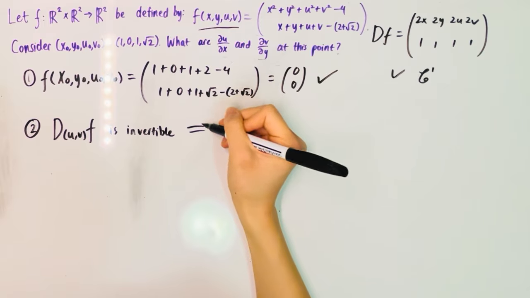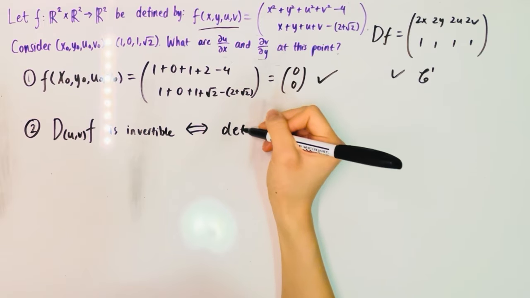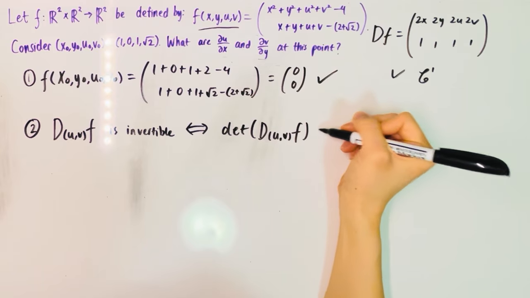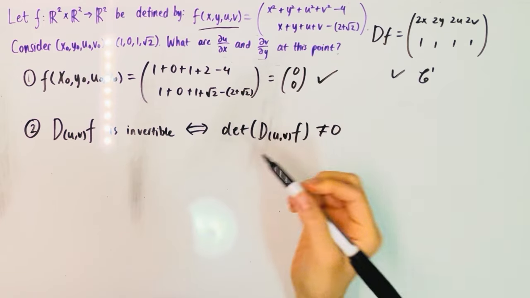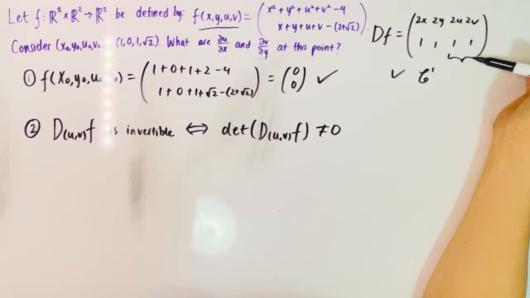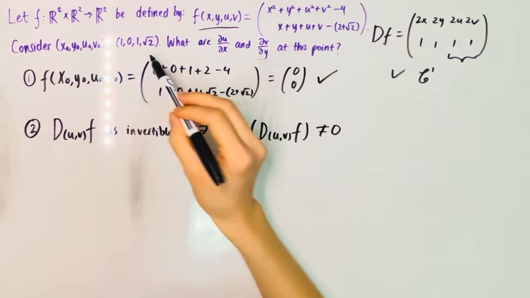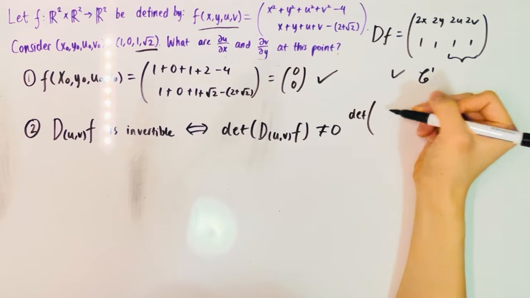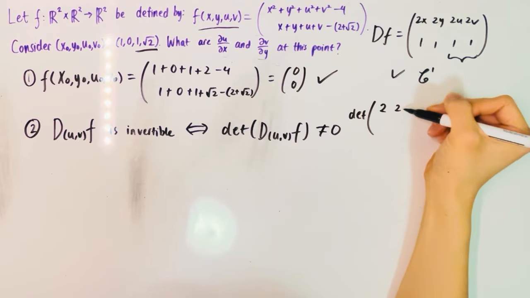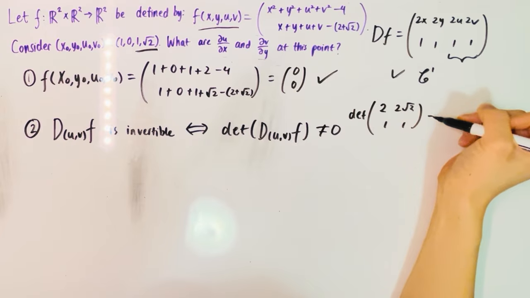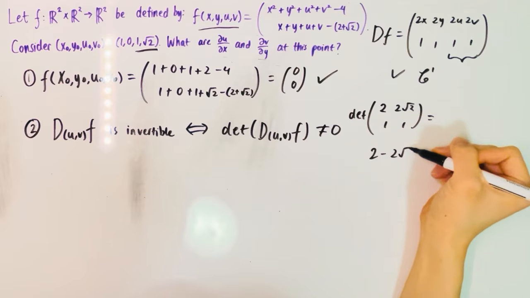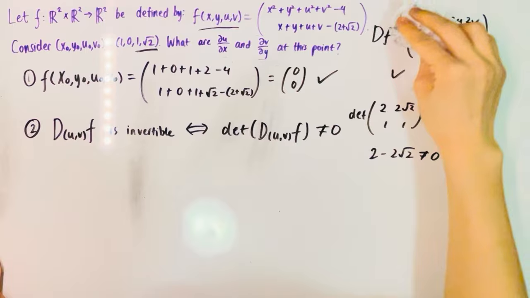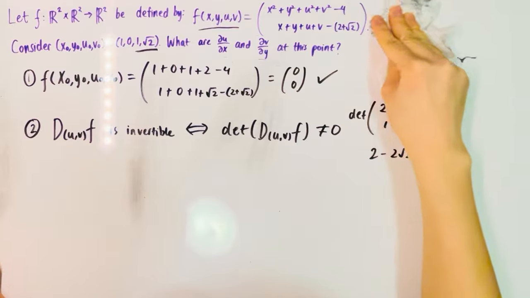In other words, we want the determinant of d_(u,v) f to be not equal to 0. And that's easy. At 1, 2, that's just going to give us the determinant of 2, square root 2, 1, 1, which equals 2 minus 2 square root 2, which is not 0. So both assumptions hold and we can apply the implicit function theorem.